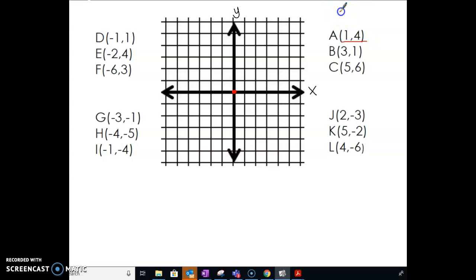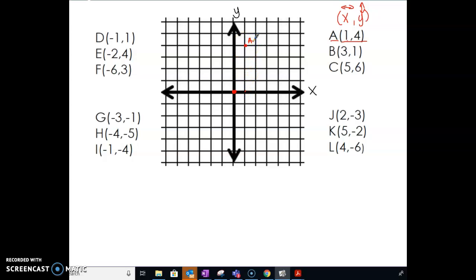When I'm looking at an ordered pair, the first number is x, and the second one tells you the y direction. The first number is the horizontal direction, and the second in the ordered pair is the y, whether you're going up or down. So if I want to graph point A, the 1 in the ordered pair tells me I go to the right 1, and then I go up 4.